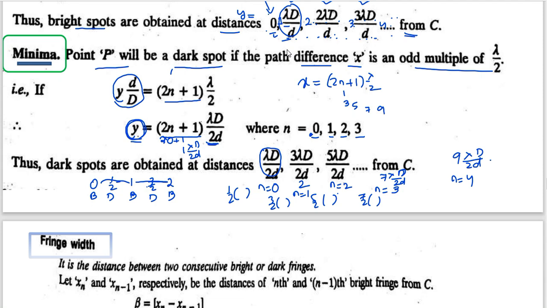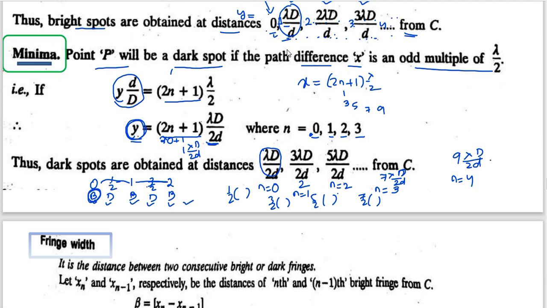So there is a bright spot at the center, because y equal to 0. Y equal to 0 means at point C. So at point C we get a bright spot, then dark, then bright, then dark, then bright, then dark. So eventually we get alternate bright and dark fringes in the interference pattern of Young's double slit experiment.